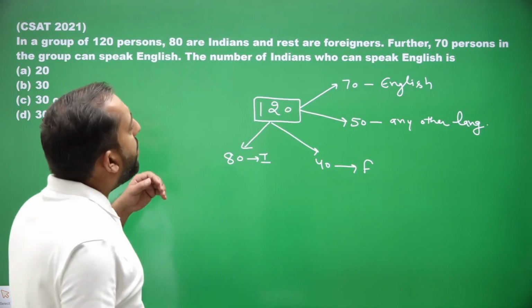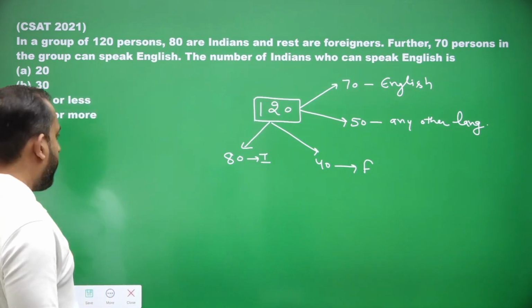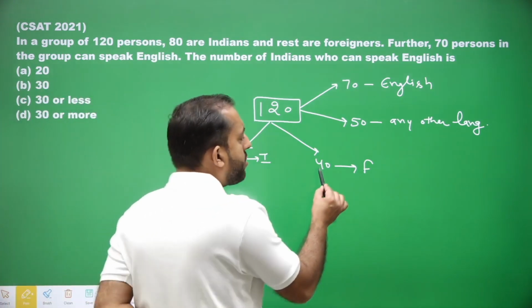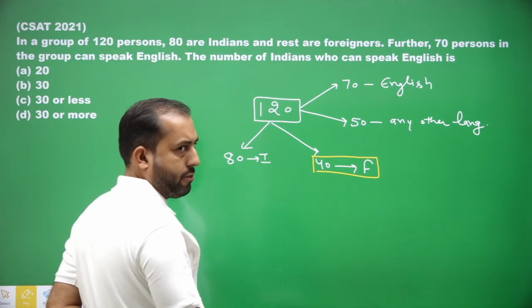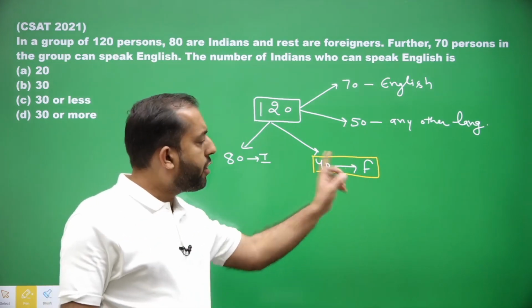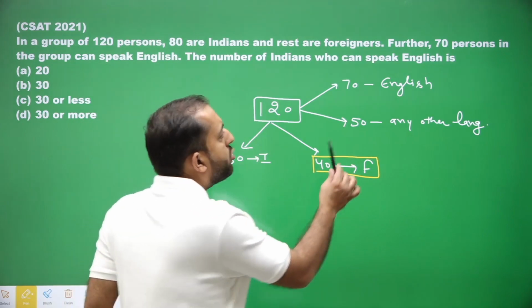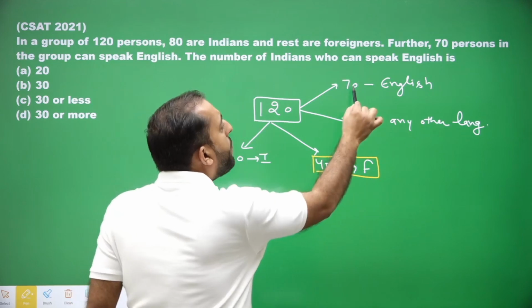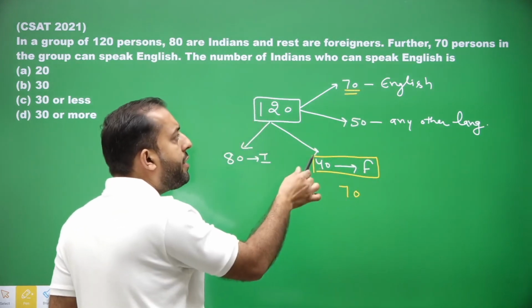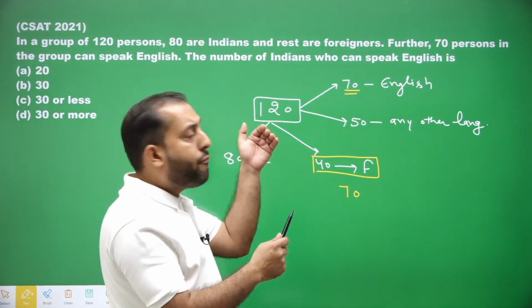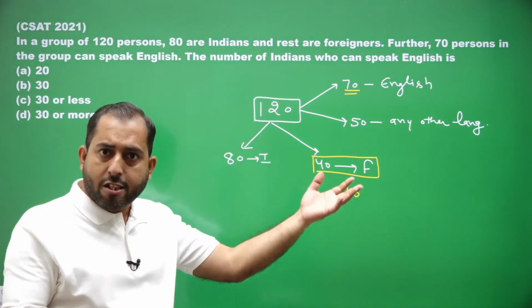Now, the number of Indians who can speak English. Suppose all the 40 foreigners can speak English. How many people can speak English? 70 people can speak English, and out of 70, I am assuming 40 are foreigners and they all can speak English.